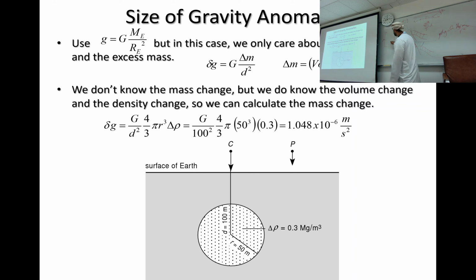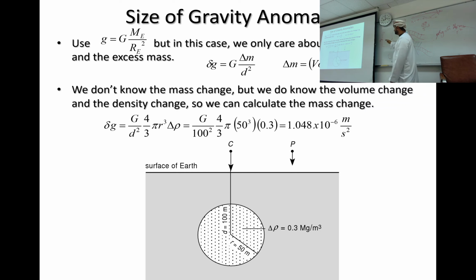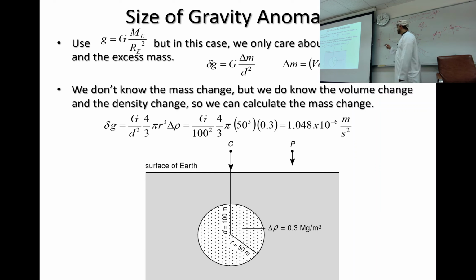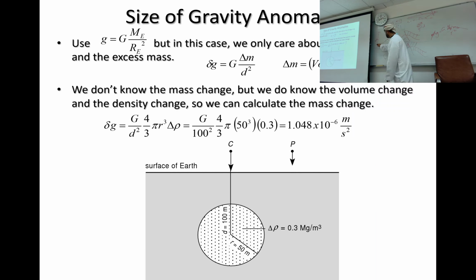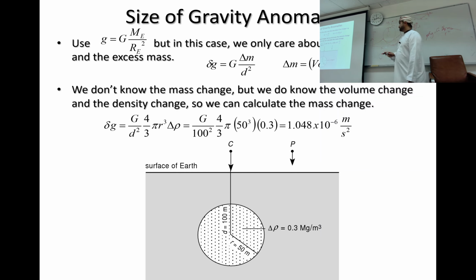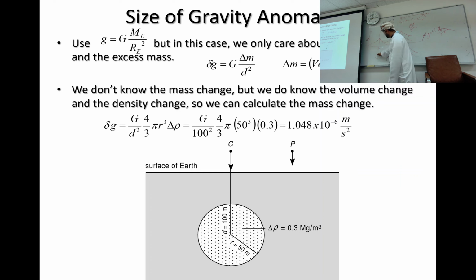If I take a measurement here, this is my body, would it be larger than 0.3 or smaller to the other sides? It will be smaller, until it never goes to 0. It tries to go to 0. So that's the maximum one in the center.